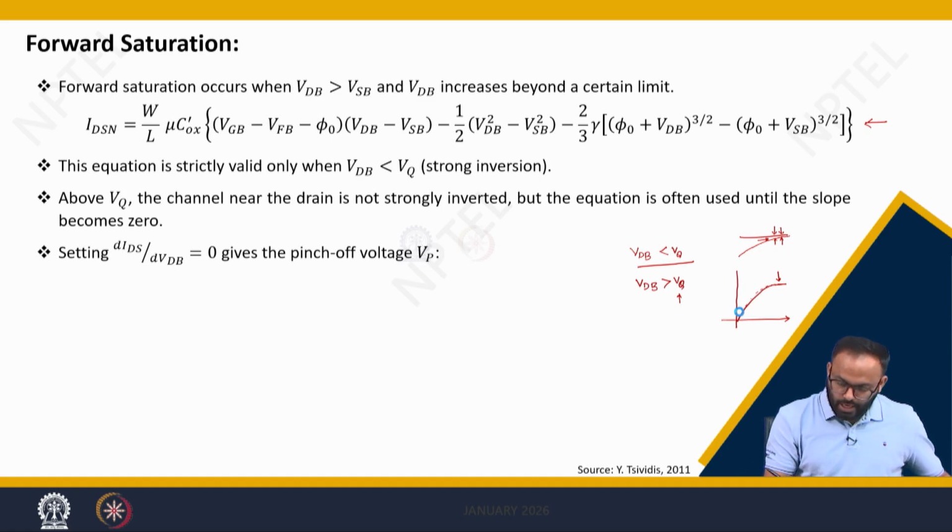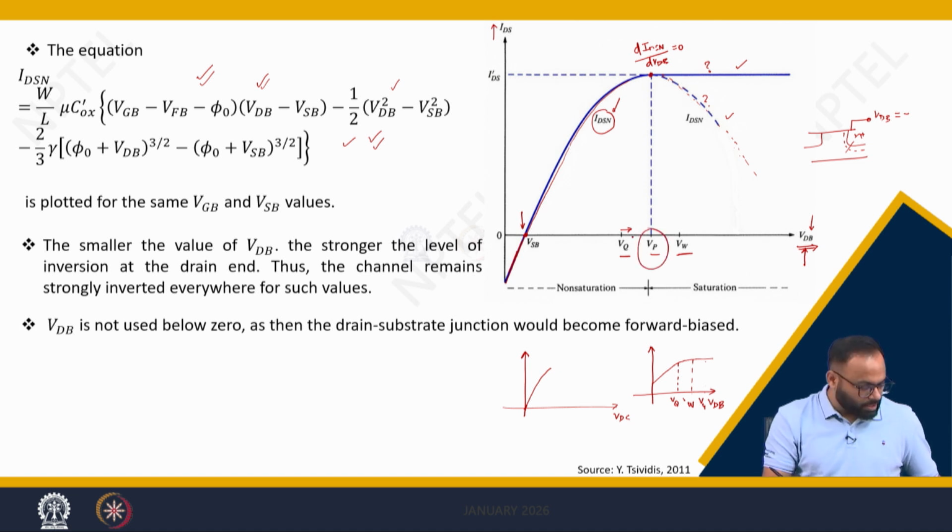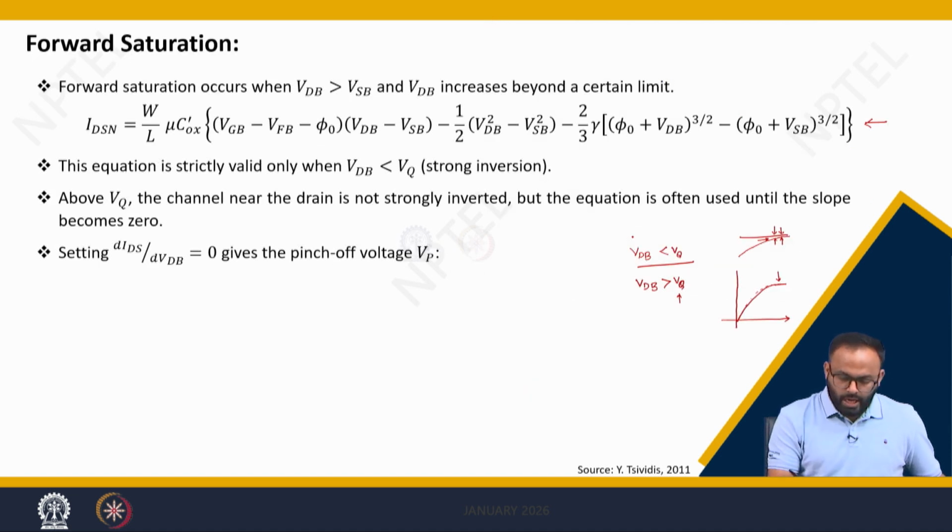So in the previous graph you can see this point we are talking about, where the slope of this curve, dIDSN over dVDB, is equal to 0. So I can calculate the value of the pinch off voltage.